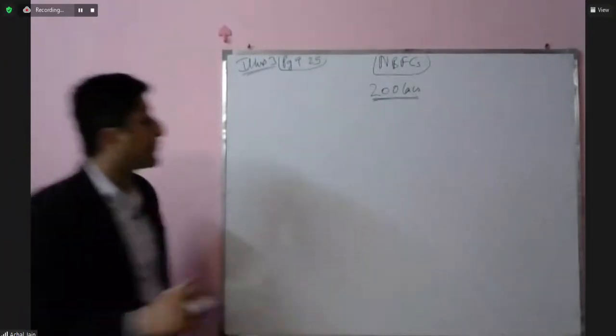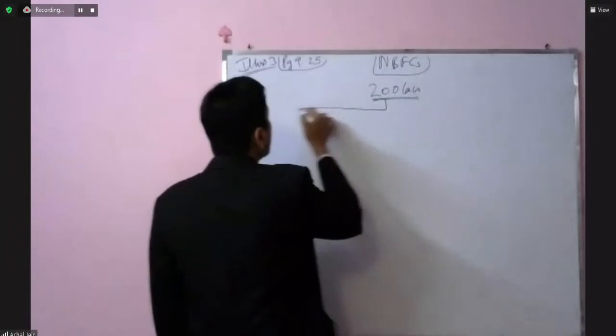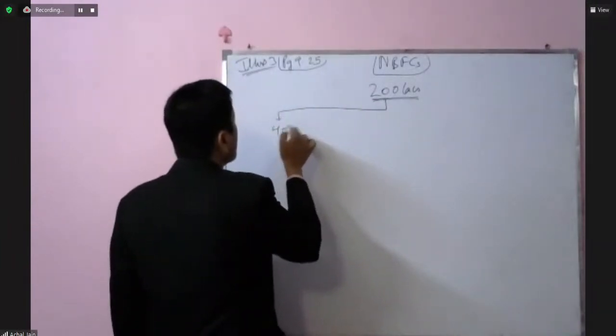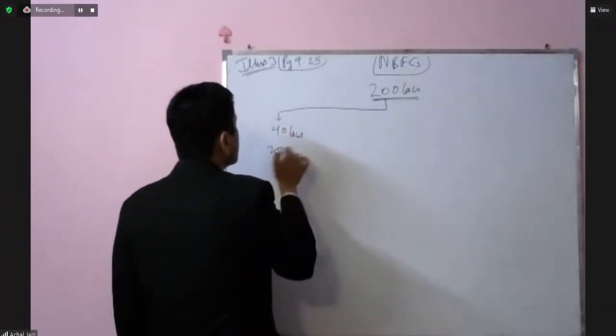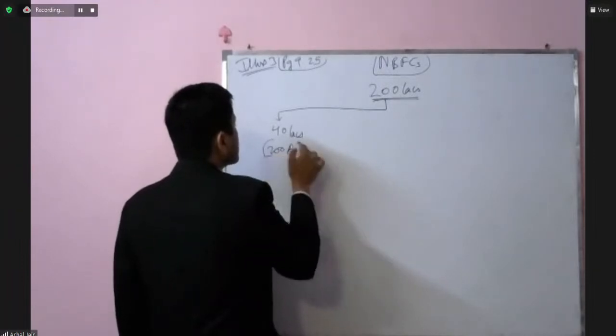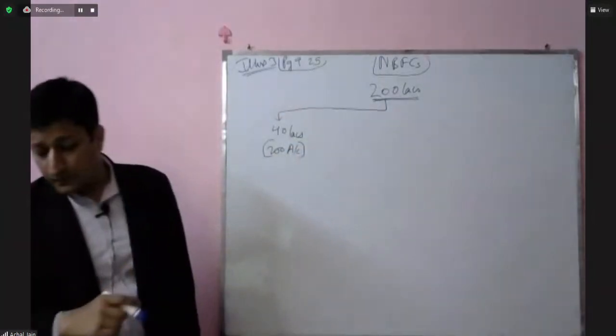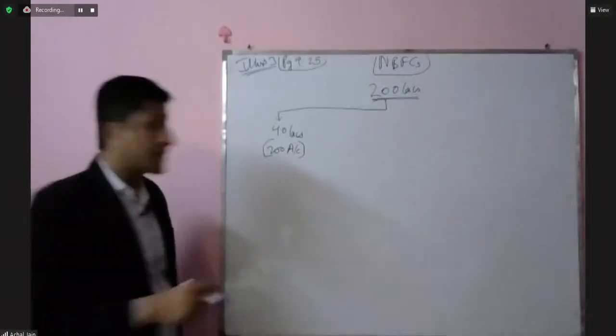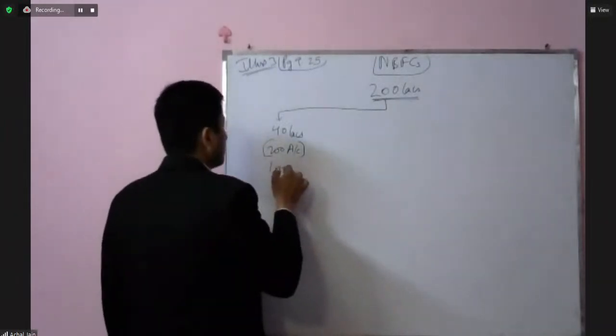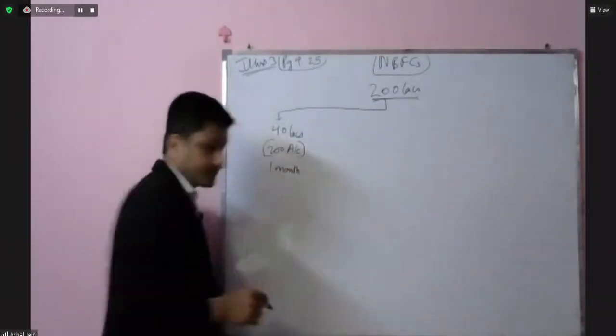Amount overdue is 40 lakhs. 40 lakhs, 200 accounts, overdue for the last 1 month.